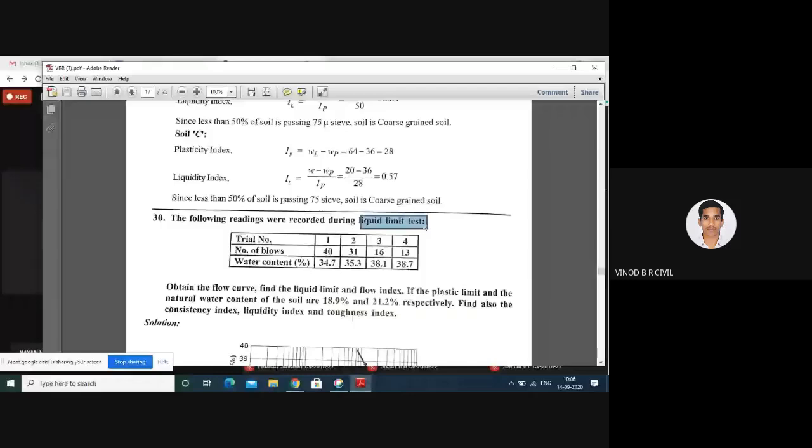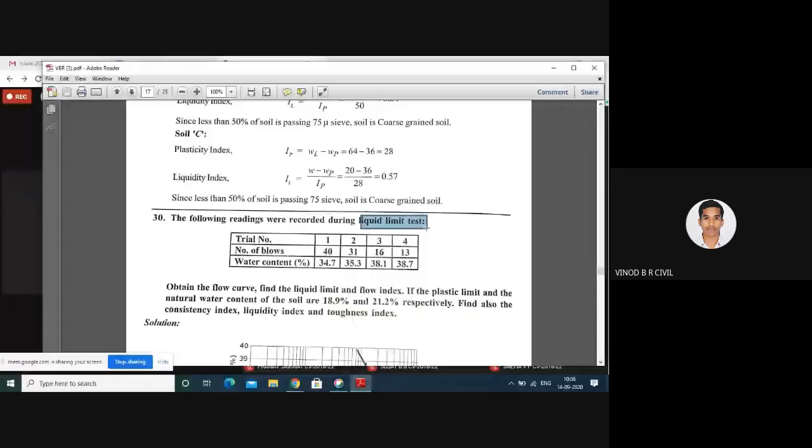With Casagrande, with the help of number of blows, you can calculate the liquid limit. With the cone penetrometer, with the help of penetration, you can calculate the liquid limit. In Casagrande, you calculate the water content at 25 number of blows.